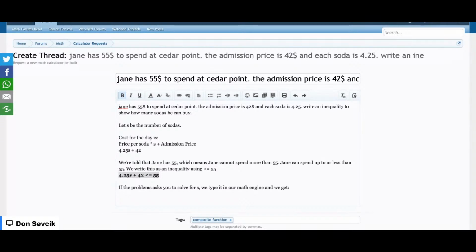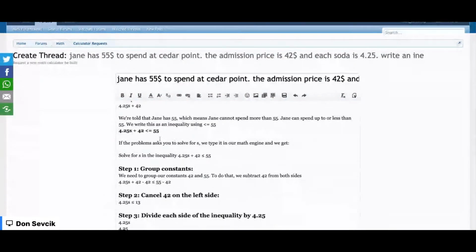I'm going to drop this in our math engine, and I'm going to get the step-by-step solution here. There we go. Okay, give me a moment. I'm copying and pasting all this. Alright, so put this in here. There we go. I'm coming back.